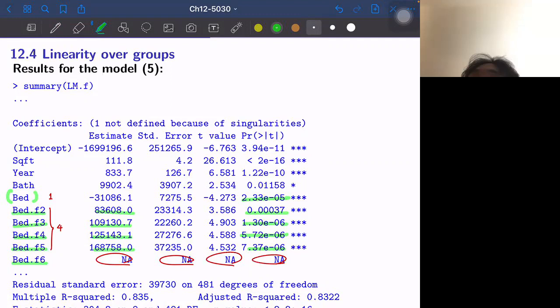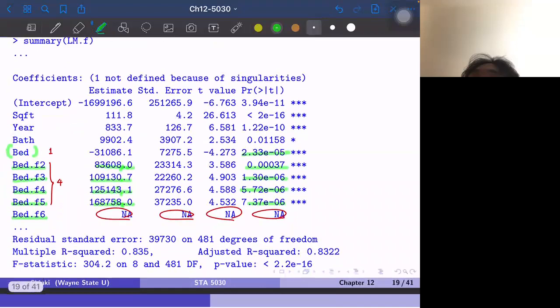It's a little strange: bed has a negative coefficient, but the bed 2, 3, 4, 5 indicator variables have very large positive numbers, increasing over time. So if the number of bedrooms is small, the price is a little lower. It's hard to interpret, but we have a nonlinear relationship between the number of bedrooms and the price.